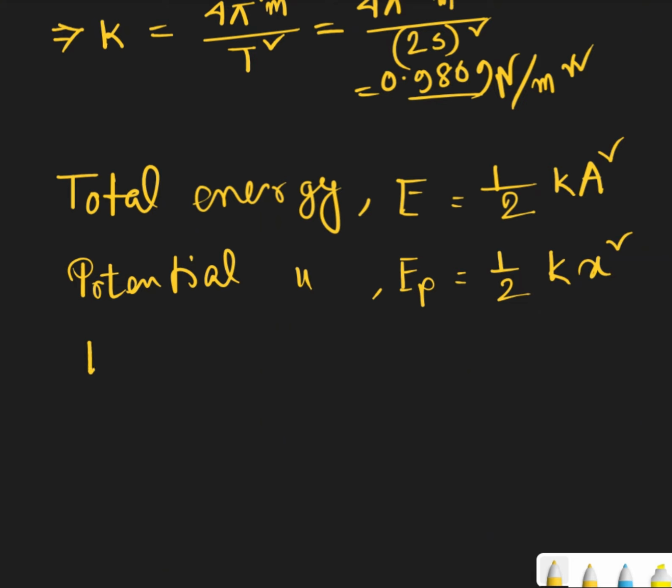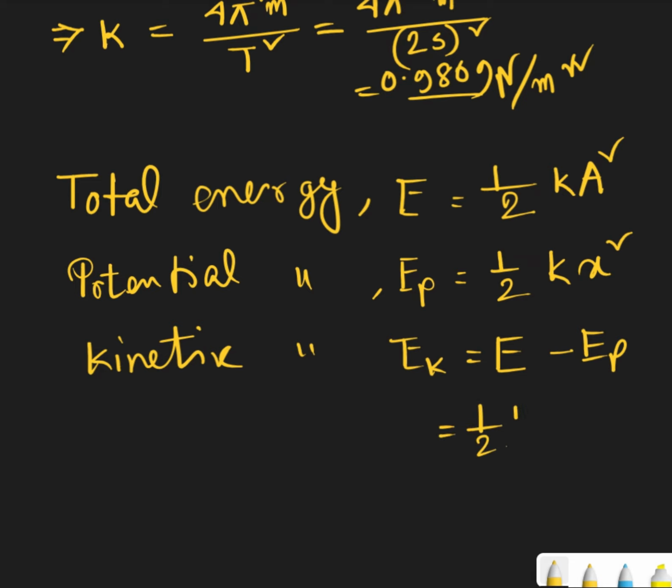And the kinetic energy EK is equal to the total energy minus the potential energy. So the total energy is half k a square, and the potential energy is half k x square.